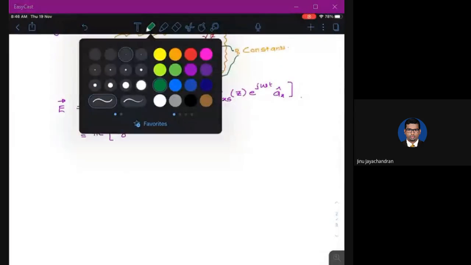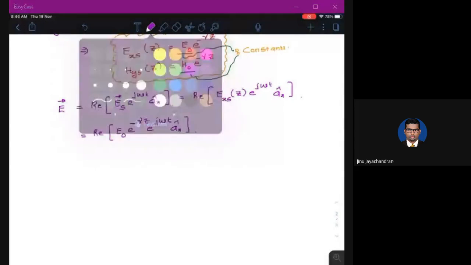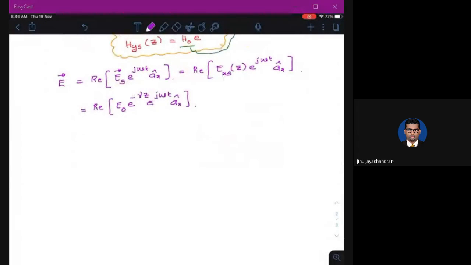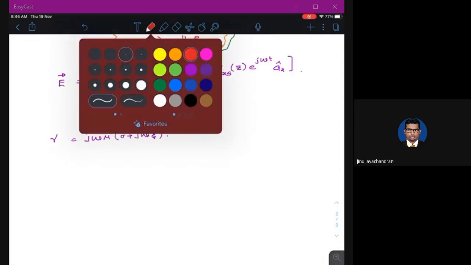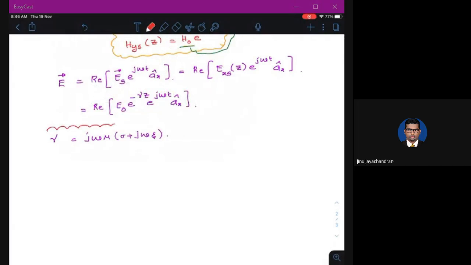Now let's expand this. Gamma is the square root of j omega mu into sigma plus j omega epsilon. Make sure you understand or you know this equation. It will be asked everywhere. We will be deriving a lot of equations in this class and next.